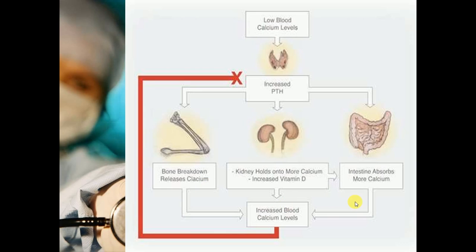On another side, when there is increased parathyroid hormone secretion, the intestine absorbs more calcium, the kidney holds more calcium, and vitamin D production increases. So as a result the blood calcium level increases. As we have already discussed, they are majorly responsible for controlling calcium metabolism as well as phosphate.